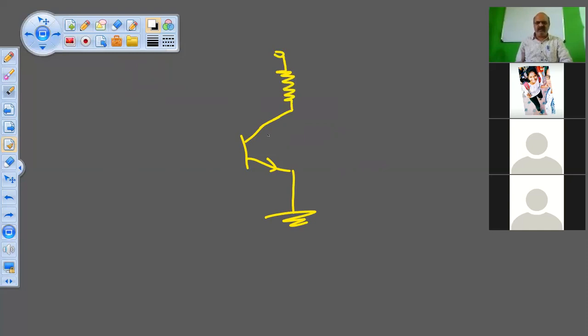This is RC. This is the collector terminal. This is the emitter terminal. And this one is the base terminal. This is plus VCC.